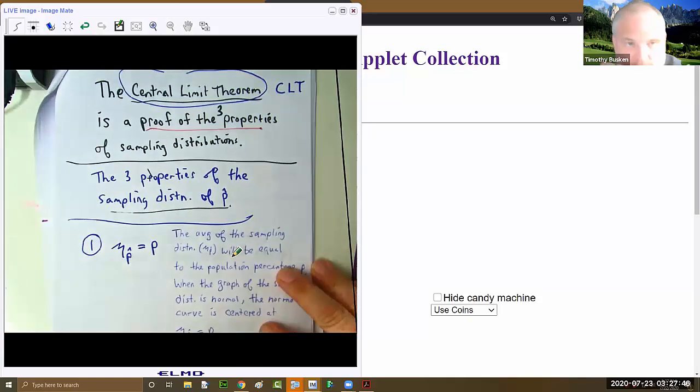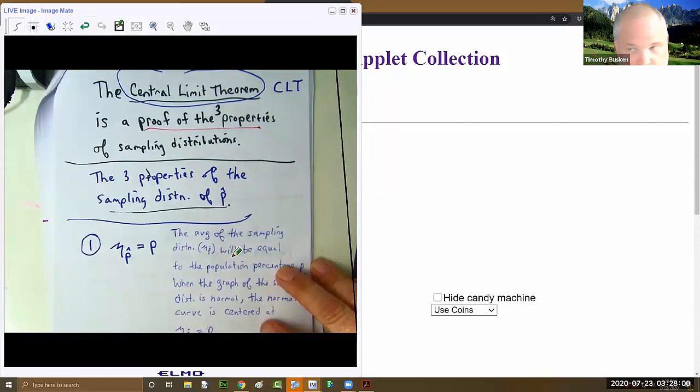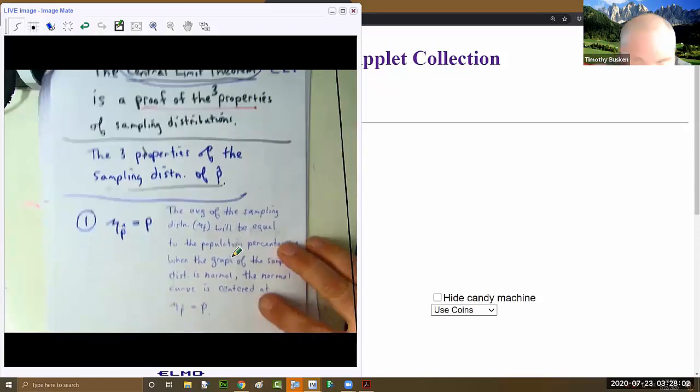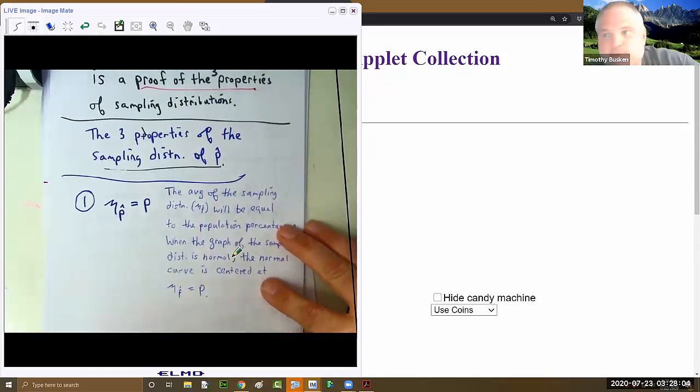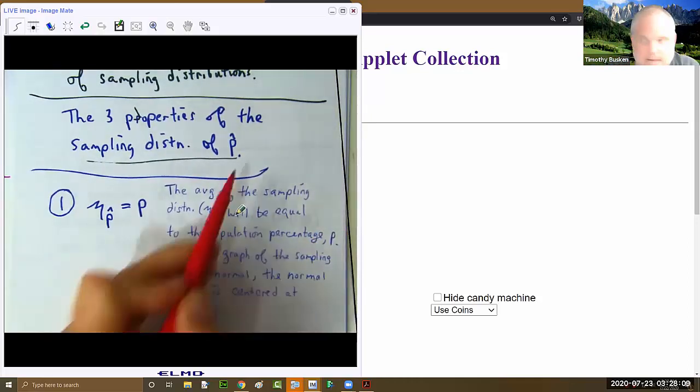When I was in graduate school, they sent us out to get random samples and actually try to get an approximation of a sampling distribution. And of course, lo and behold, all three of these properties held every time, for each and every student who got different random samples. Nevertheless, let's talk about the three properties of the sampling distribution of p hat.